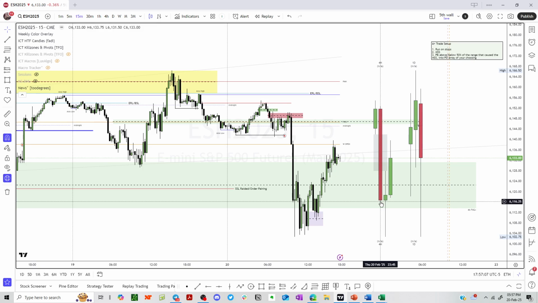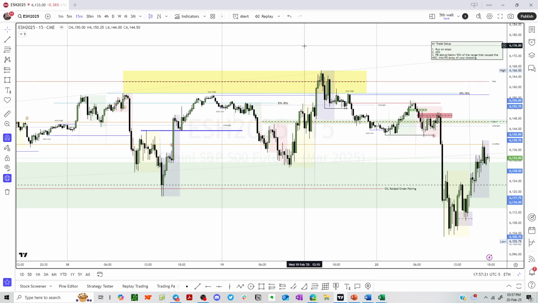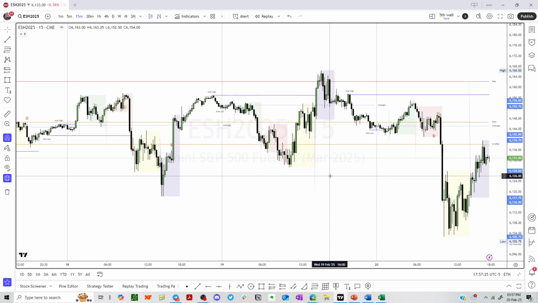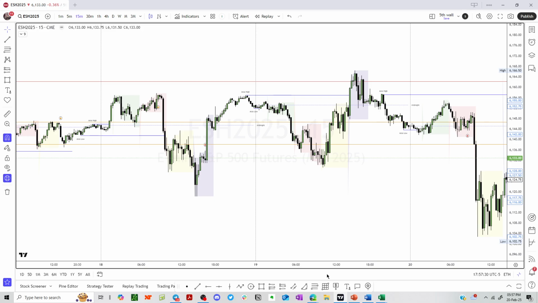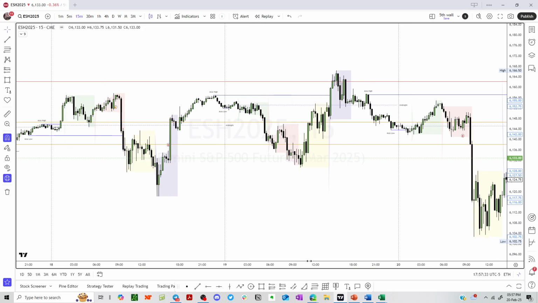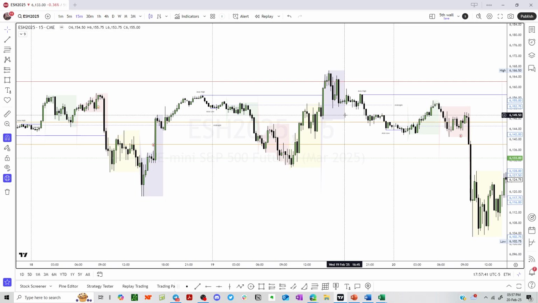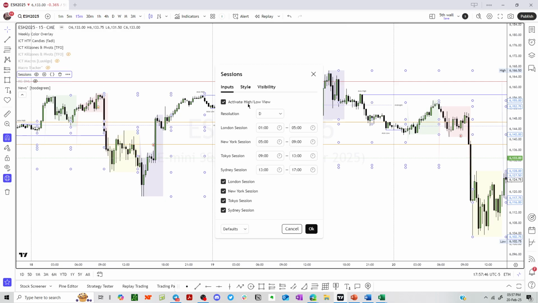Let's take everything off the chart. So yesterday I wanted to talk in relationship to the 4 hour. This is highlighting the 4 hour candle. So this is 10 to 2, and then 2 to 6.